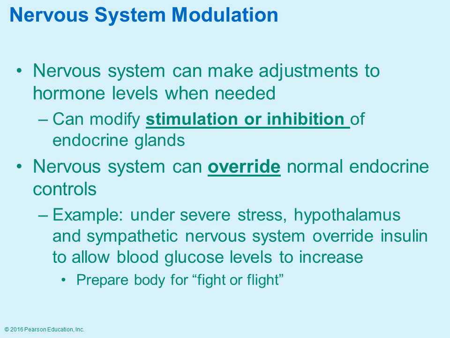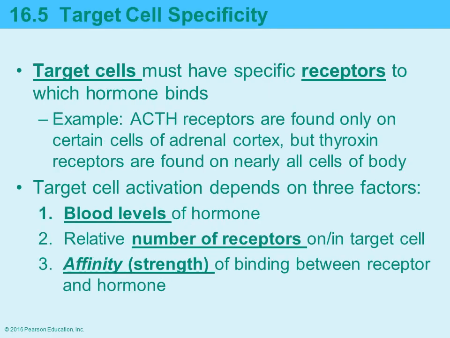If you're under severe stress, if you're suddenly placed in a situation where your body is detecting a potential crisis, like where the sympathetic nervous system is kicked on in that fight or flight, then the nervous system is going to take over and override the controls of the endocrine system. It's all about survival.